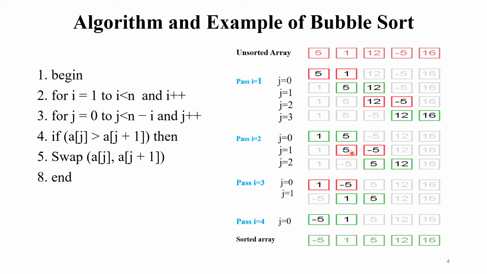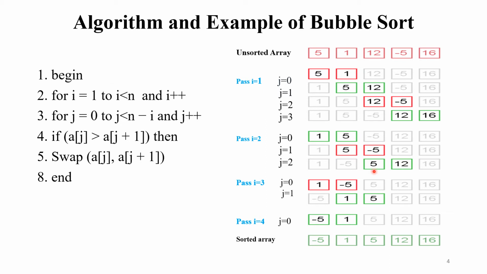Now check the second two elements, that is 5 and minus 5. So minus 5 is less than 5. So we interchange these two values. Swap these two values. That's why minus 5 is in second position and 5 is in third position.